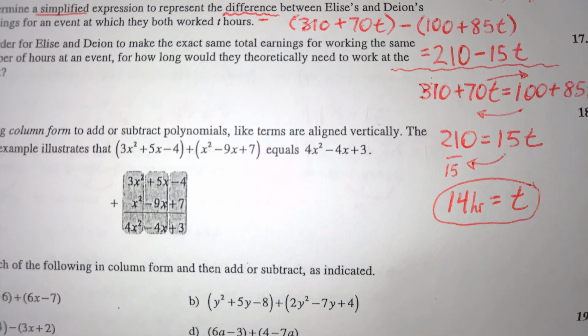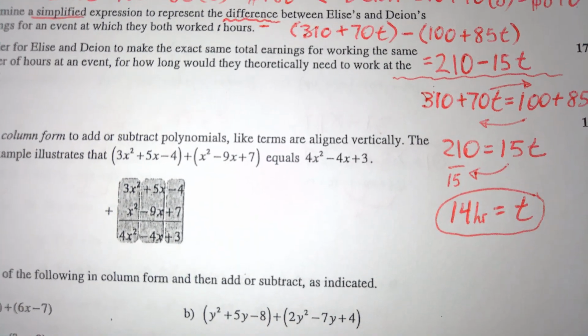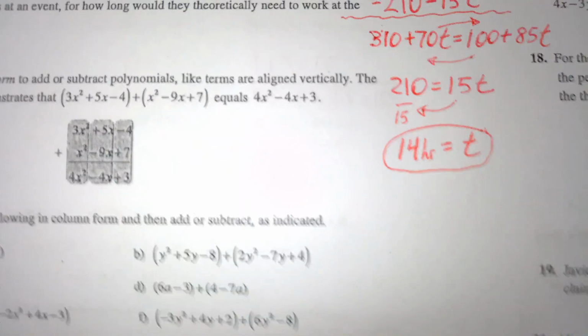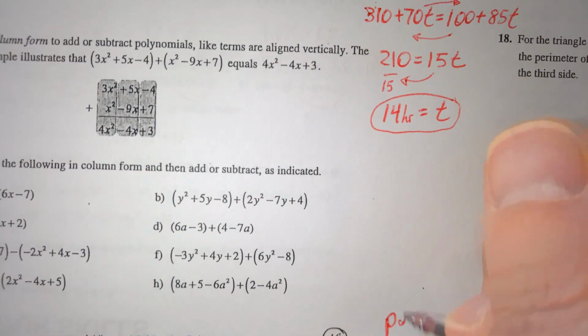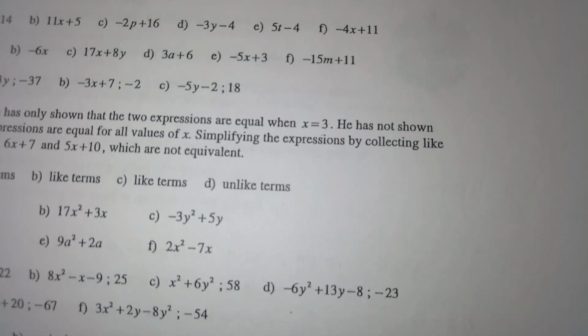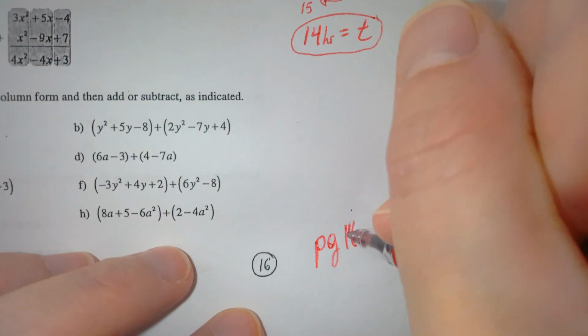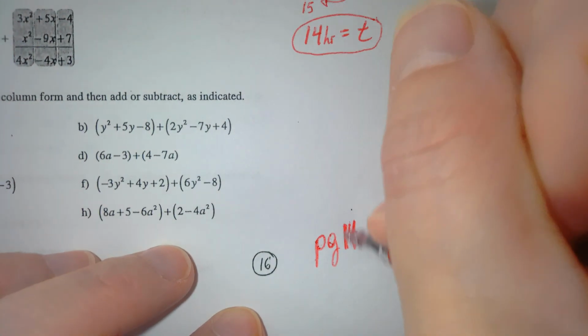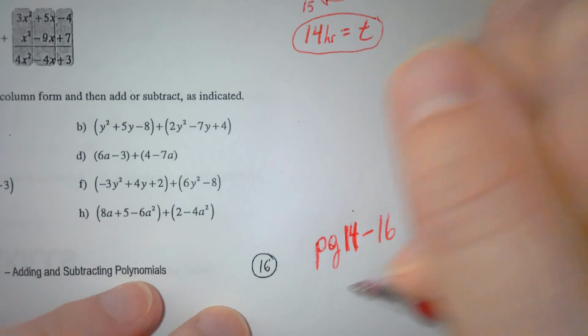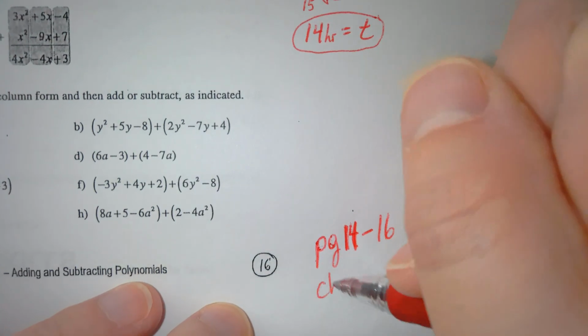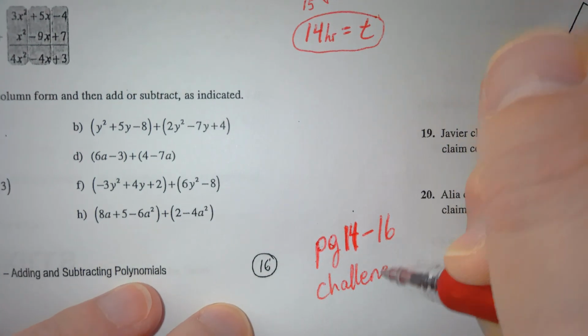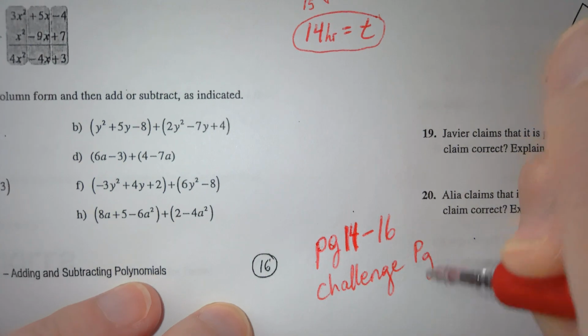Again, tomorrow we build on multiplying polynomials. Okay, so homework is page 14 to 16, and the challenge questions are on page 17.